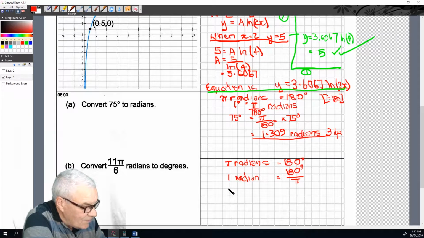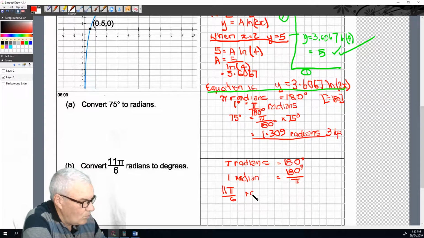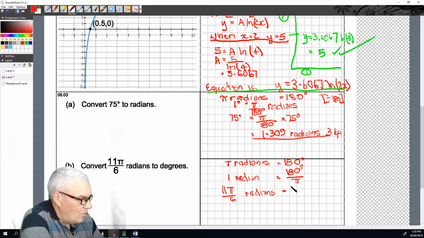So 11 pi by 6 radians will equal 180 over pi.